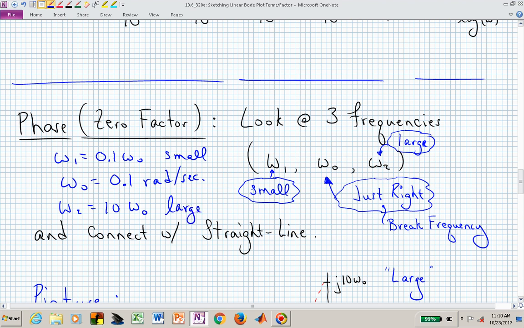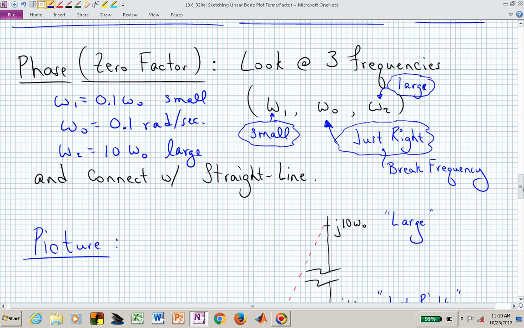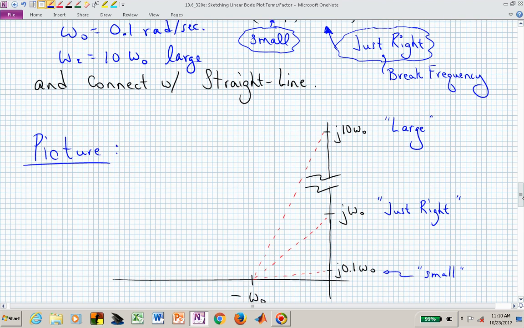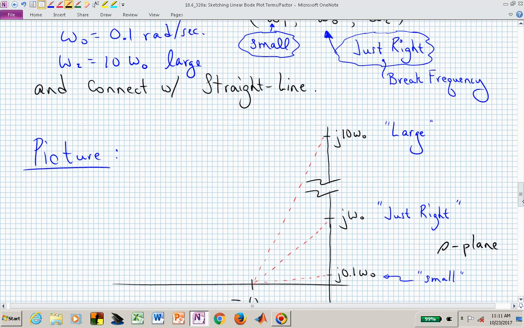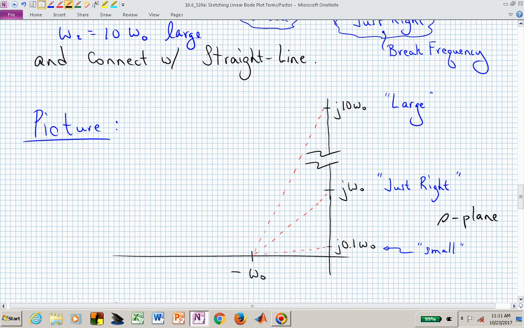So for every linear factor, you can quickly identify these three frequencies: the small, the large, and the just right, which is the break frequency itself. Pictorially, if we're thinking about angles, let's look at the S-plane. Suppose we are sitting on a zero or a pole, but let's just look at zeros for now. Suppose that zero is at minus omega naught.